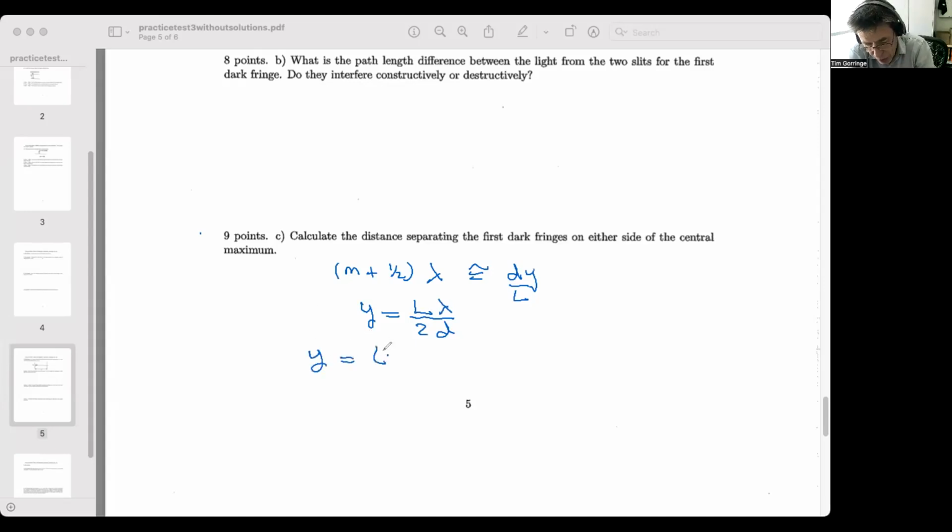So the screen distance is 1.6 meters. The wavelength of our electromagnetic radiation, it's not visible light, we already calculated that. It was 1.1 times 10 to the minus 5 meters.